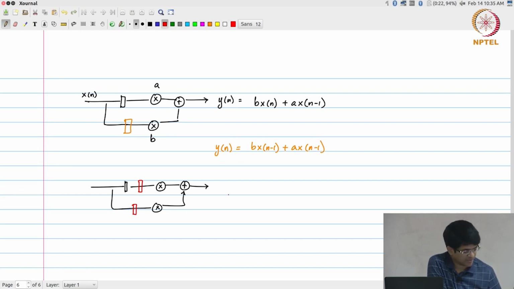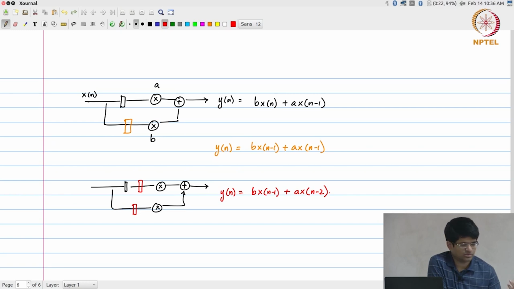Now I have y of n equals b x of n minus 1 plus a x of n minus 2. Is this the same as the original filter, or is there anything fundamentally different? Can I reasonably claim that this is pretty much the same as the original filter? Will it have the same transfer function, the same behavior?